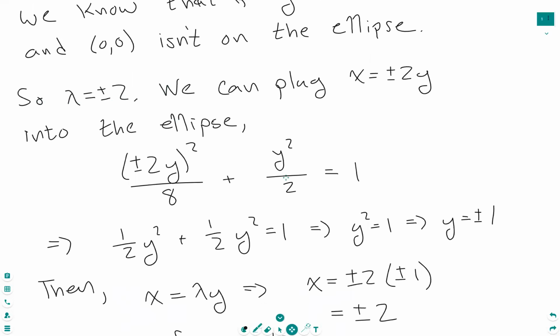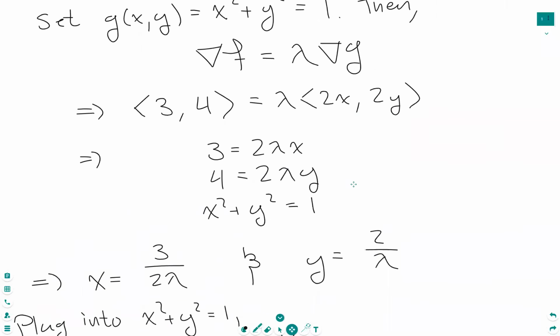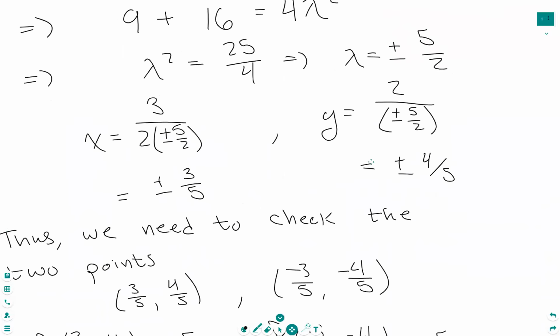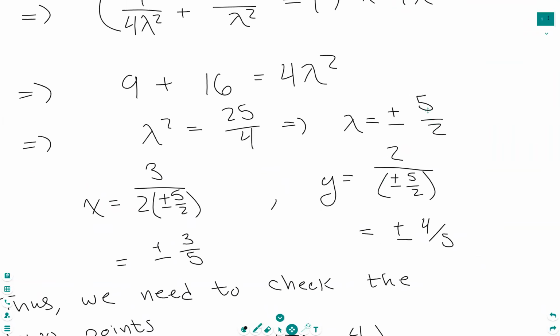If you did that, you would certainly get the 4 points, right? So as soon as we did this down here, if we said, oh, lambda is plus and minus 5/2, you do the lambda equals 5/2 case, and you get that x is the positive, and then you get y is the positive.